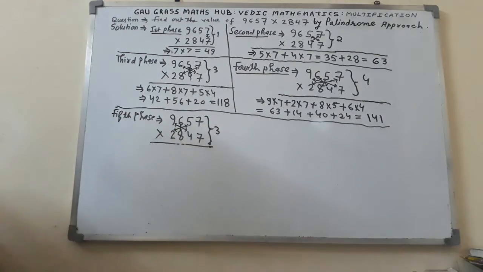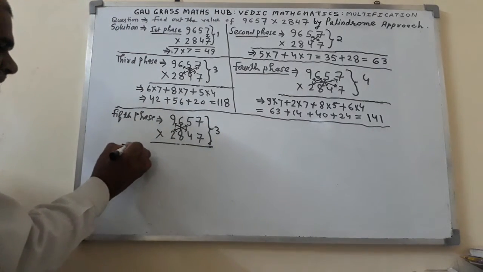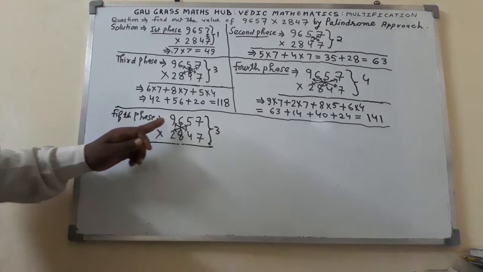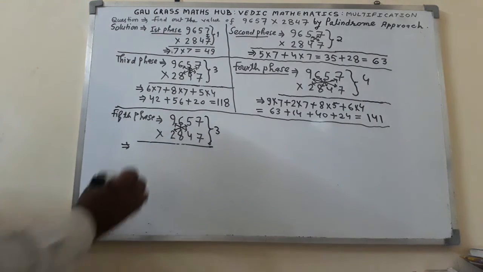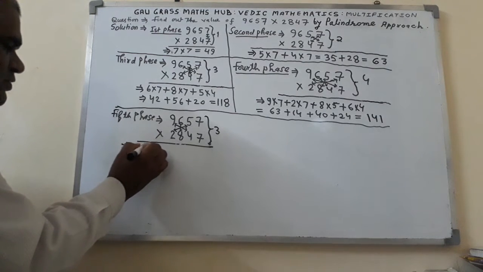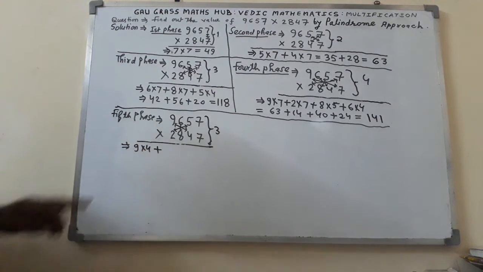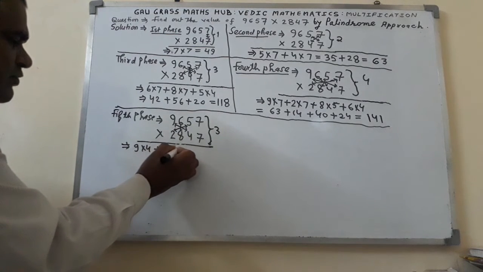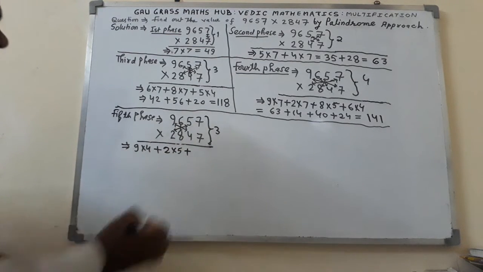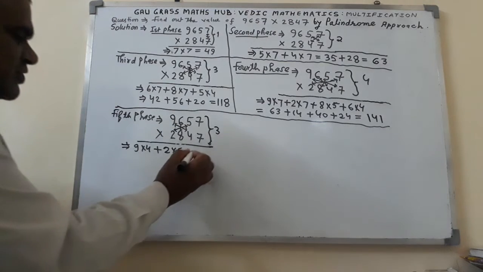For this one I shall write here, implied that 9 will multiply to 4, so 9 into 4 plus 2 into 5 plus 8 into 6.